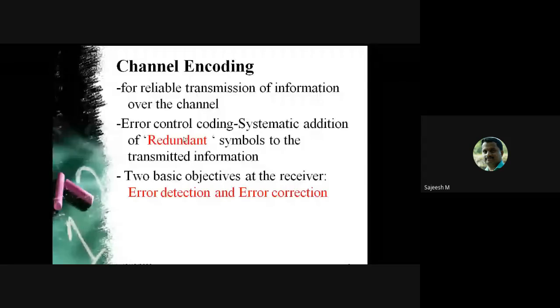There is a chance of error occurring while it travels through the channel. Therefore, the error must be detected at the receiver, and if detected, it must be corrected. So error detection and correction occur at the receiver.